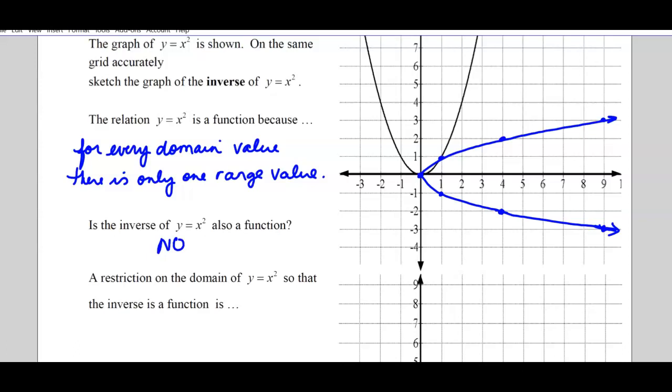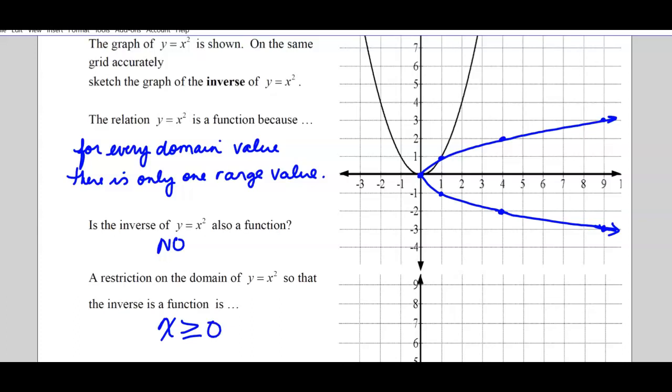So, what's a restriction on the original so that the inverse is a function? Remember, try to get the most that you can. I'm going to tell you here, let's keep it to be positive. If I take the positive arm here, when I take the inverse, it's going to be the upper or positive arm there. So I'm going to restrict it to x greater than or equal to 0.